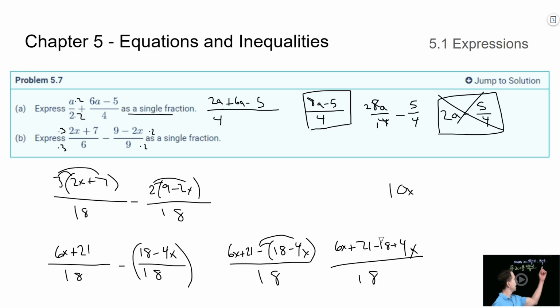And now we have 21 minus 18, which is 3, so plus 3, all over 18. Now, can we simplify this? Well, 10 and 18, they do have common divisors. And 3 and 18, they also have common divisors, but they're not the same common divisor. So this is actually as simplified as we can make a single fraction.